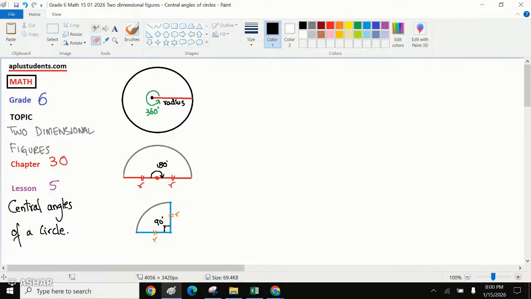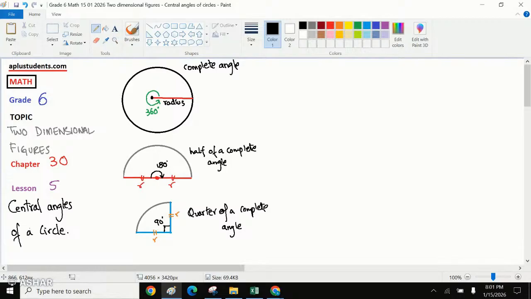A semicircle is half of a complete angle, and a quarter circle is 1/4 of a complete angle.